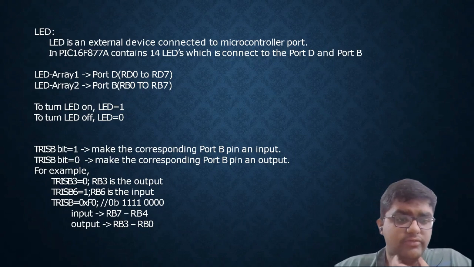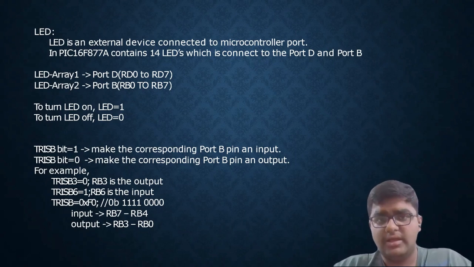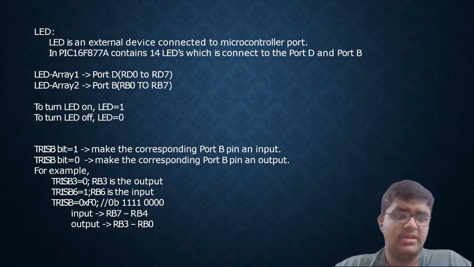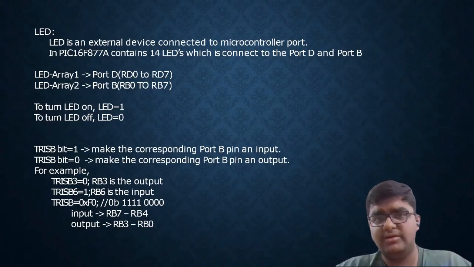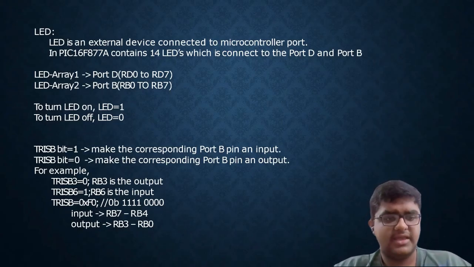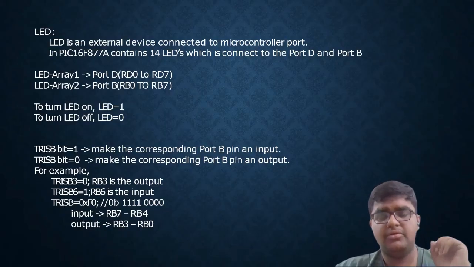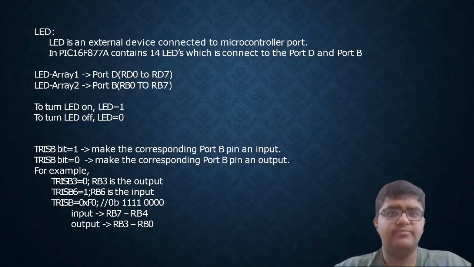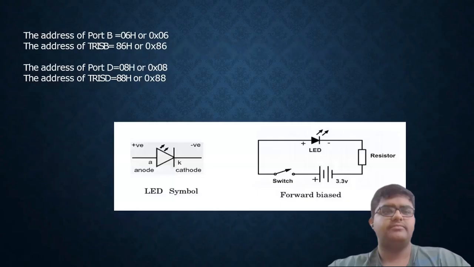And if you want to make a specific pin an output or input, then you can just put TRISB1, TRISB0, etc. as 0 or 1, and it will put only the specific pin as an output or input.